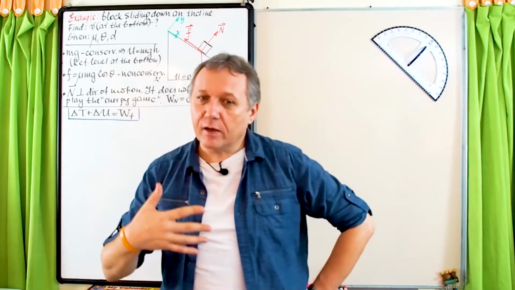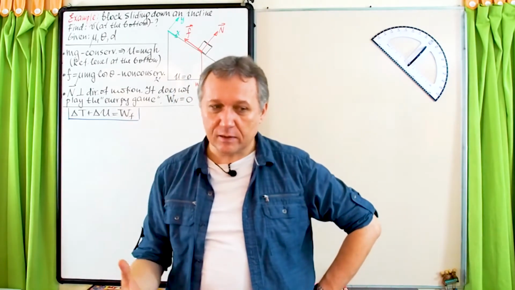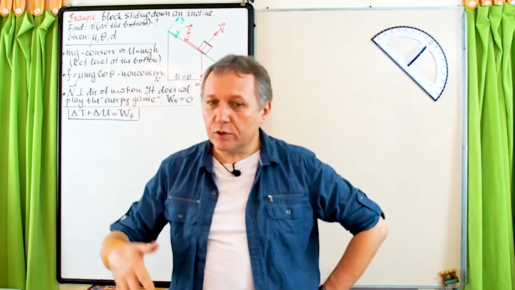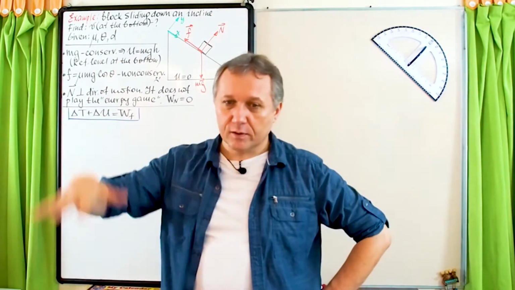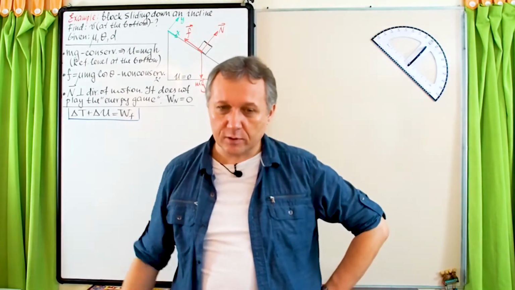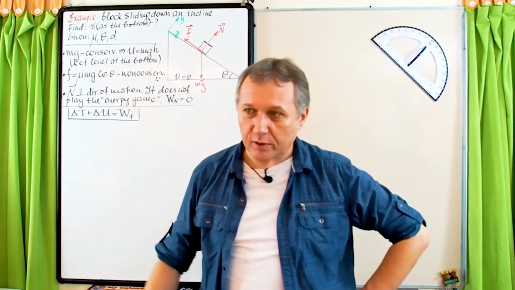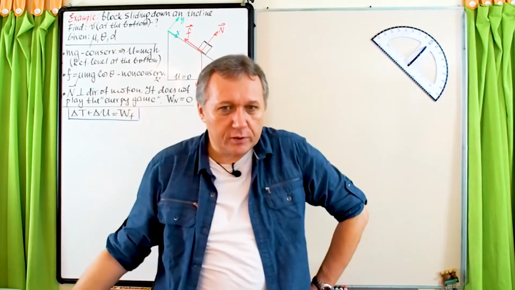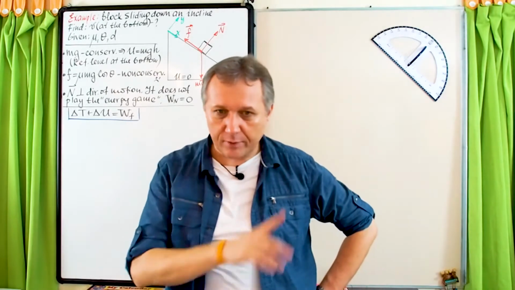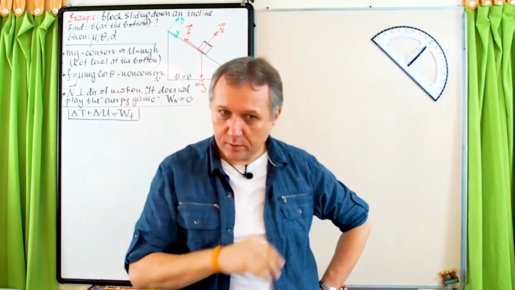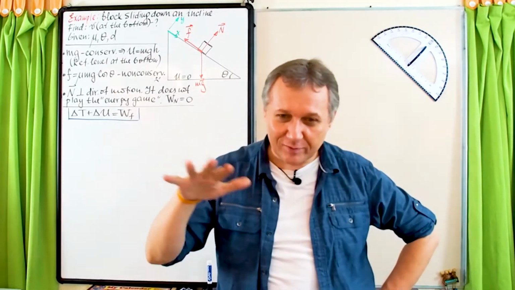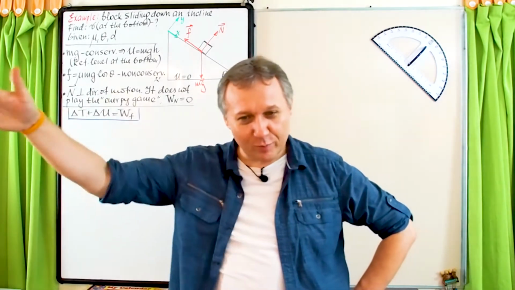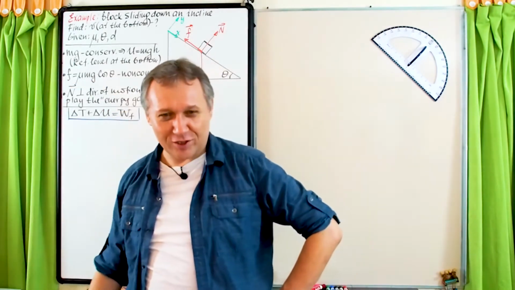And of course, never attach the reference level to a point or some object which moves. Quite often I see students solving problems attaching it to an object which next moment will be somewhere else. It's not a well-defined place for a reference point. It should be attached to a point which is not going to change its position.